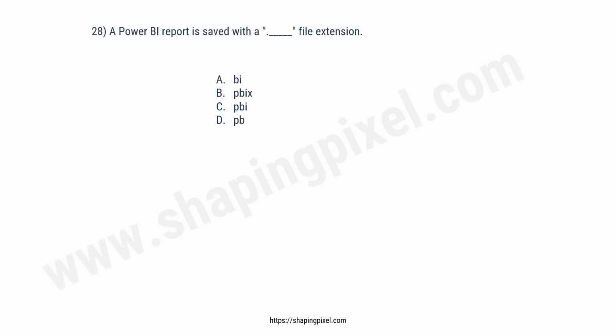Question number 28. A Power BI report is saved with a .dash file extension. And we have four options: BI, PBIX, PBI, and PB. So the right option is option B, PBIX. The Power BI report is saved with a .pbix file extension.